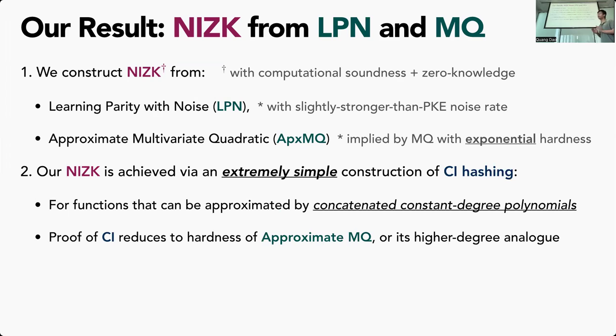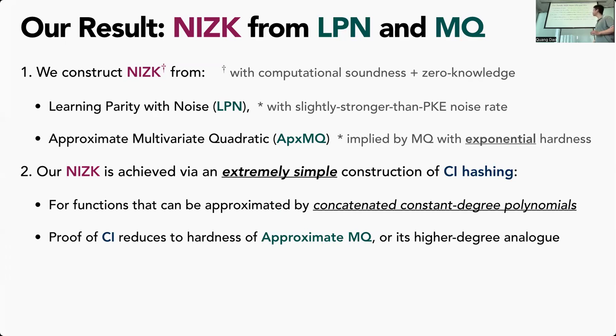The way we construct this NIZK is that we rely on recent progress, as I mentioned, on correlation-intractable hash functions, or just CI hash. We construct a new CI hash that is extremely simple and is CI against an expressive enough class of functions or relations that allow us to give rise to NIZK. This CI hashing is the main contribution of the work, and it relies on this approximate MQ assumption.